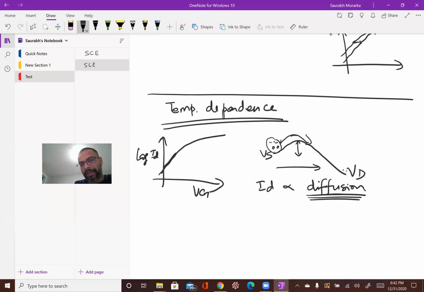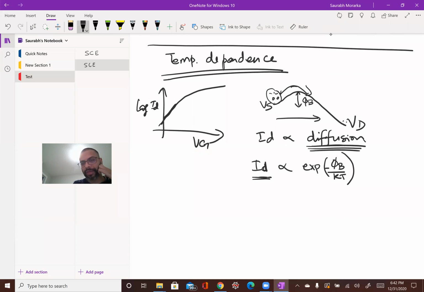And what we say is that ID in that off state condition is dependent on the barrier, say this phi b, negative that and divided by kT. So higher the temperature, more is the ID. Lower the barrier, more is the ID.